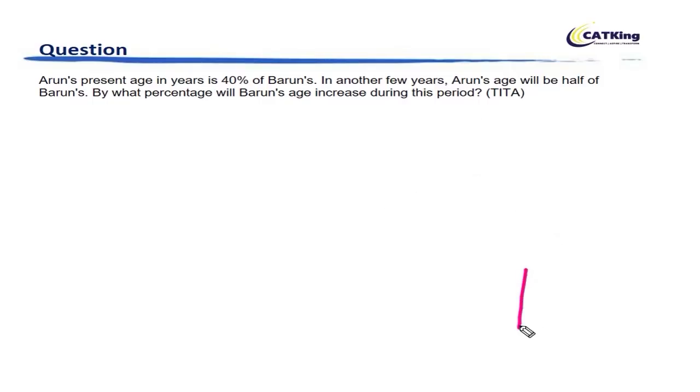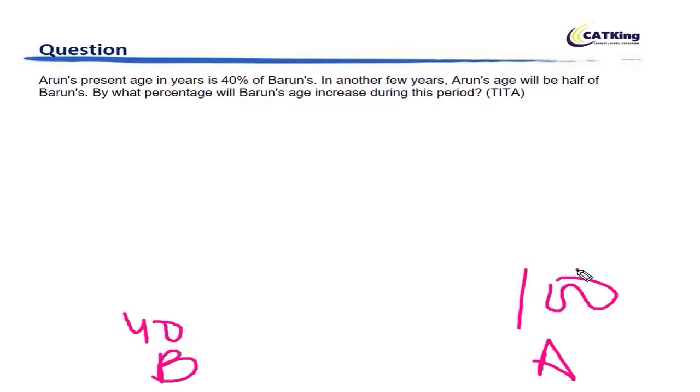Let's say that Arun's age is 100. Okay, then Barun's age will be 40. After some years, Arun's age is half of Barun's age.